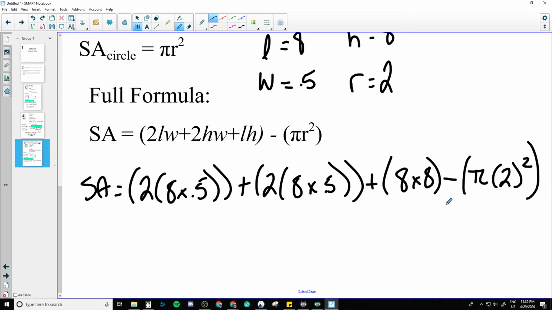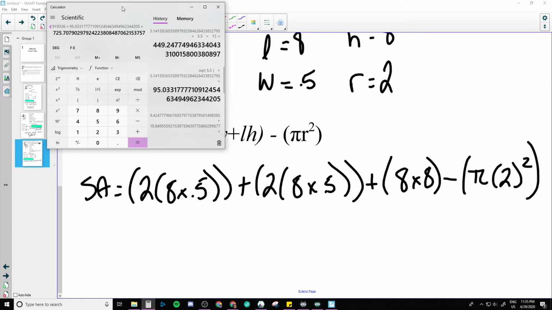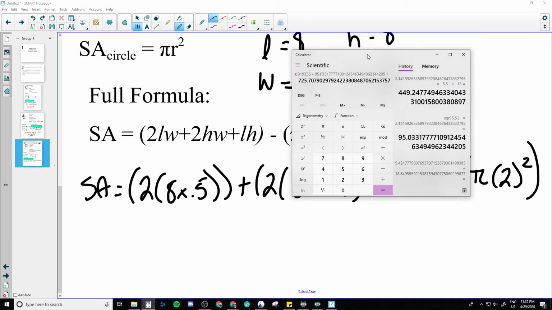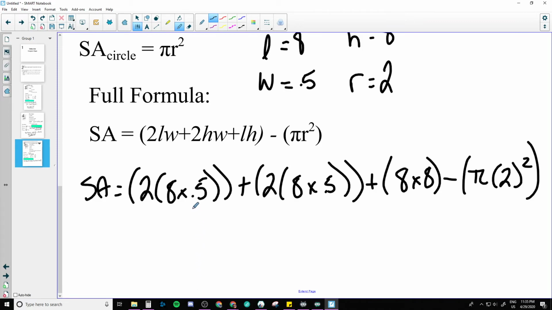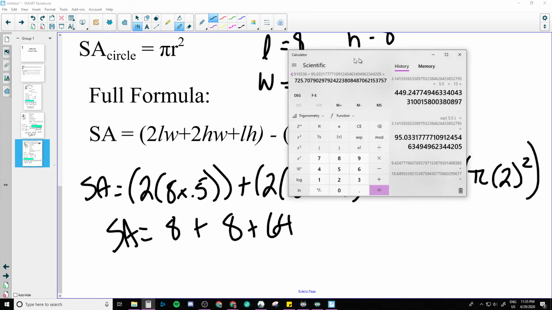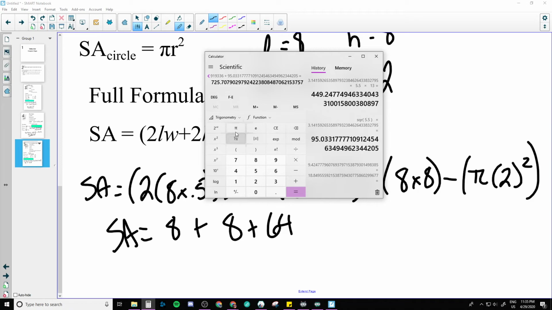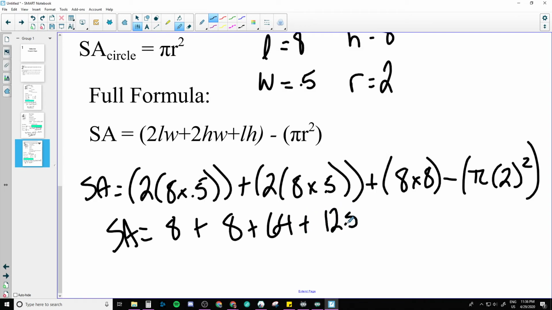Okay, so now we can start doing some of this math on our calculator. 8 times 0.5 is going to give us 4 times 2 is 8. This is going to be the same. 8 times 8 is 64. And then this one we're going to throw into our calculator because it has pi in it. So 2 squared is 4. Pi times 4, 12.56. That number continues on. So now we can just add all of these together.